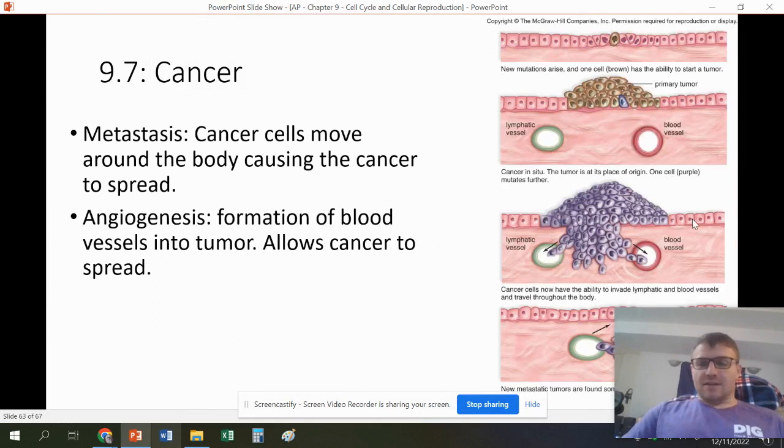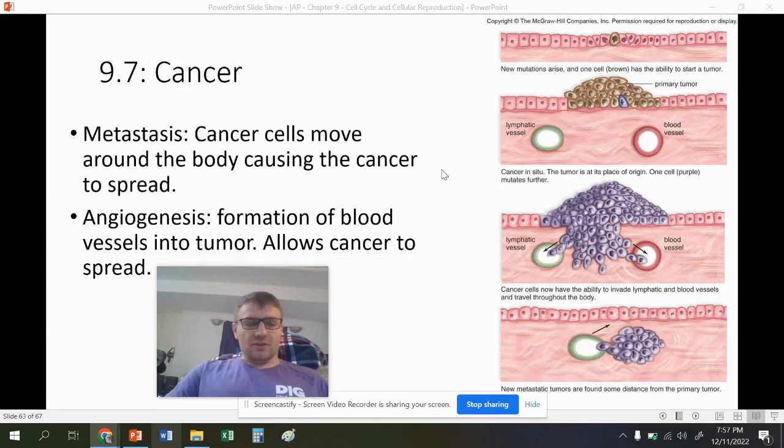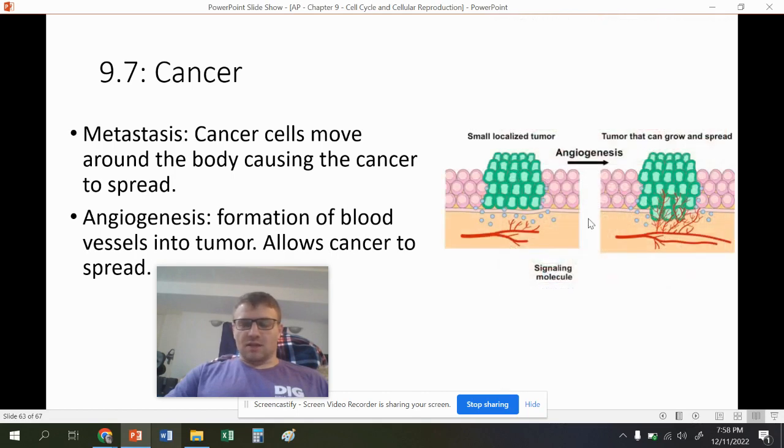Like I said before, metastasis is just when the cancer cells are moving throughout the body through the circulatory system. And this is very hard for a person to fight because, again, now you're fighting within several organs, so it's tougher for your body to fight. Then angiogenesis, this is the formation of blood cells to help the tumor survive, and this is really just crazy how it works.